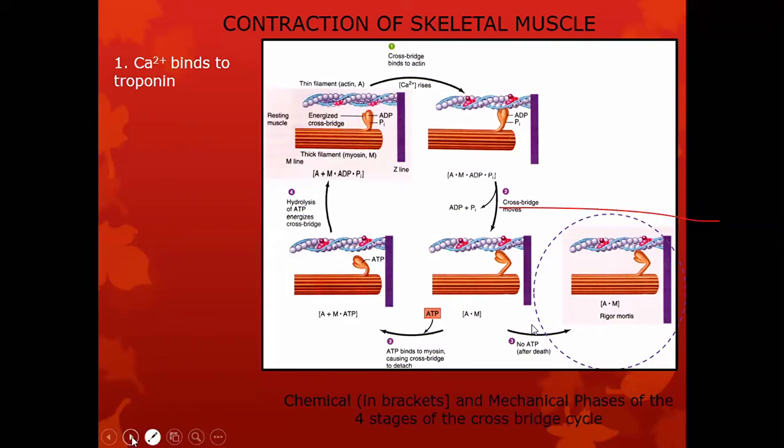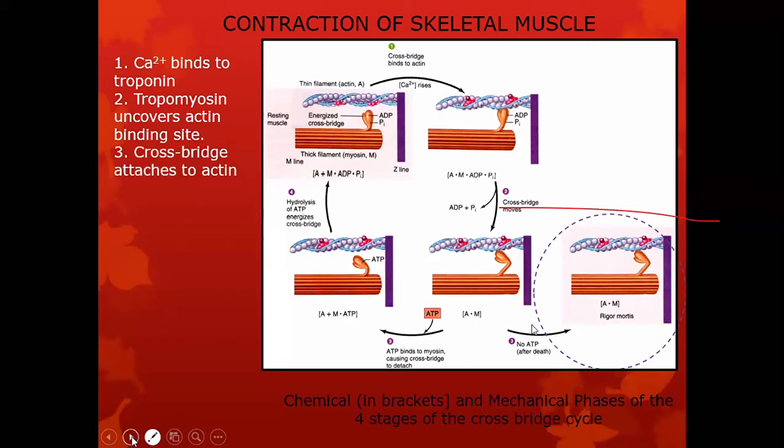Once calcium binds to troponin, the tropomyosin will uncover the actin site, and once it is exposed, it will attach to the head of the cross bridge of the myosin.